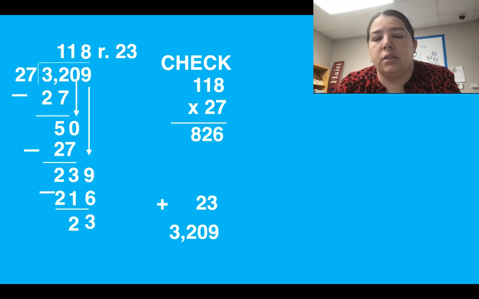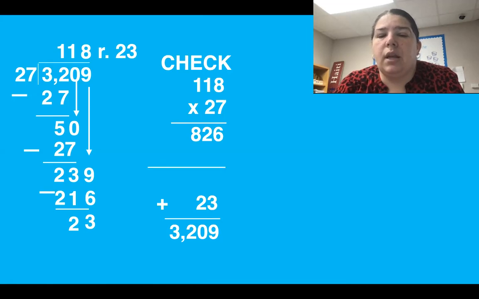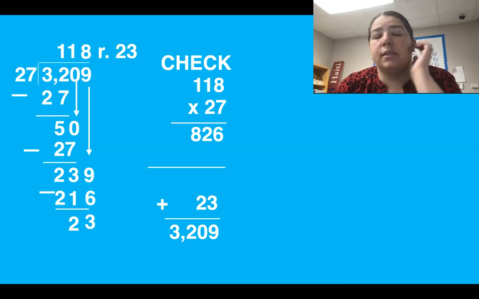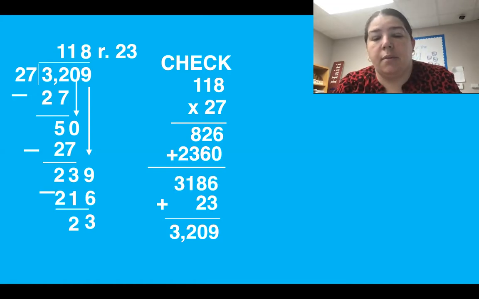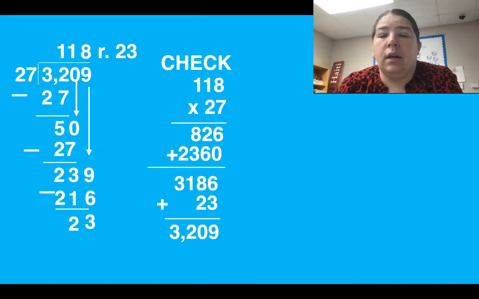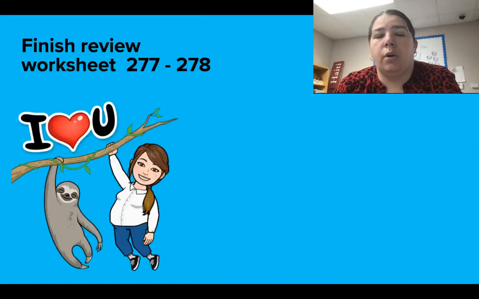Apologize for that. 8 times 7 is 56, carry the 5. 7 times 1 is 7 plus 5. And then 7 times 1 is 7 plus 1 is 8, 26. Okay, so that came in the wrong order. I apologize. Make sure you add in your remainder, and you are going to finish up this worksheet front and back.